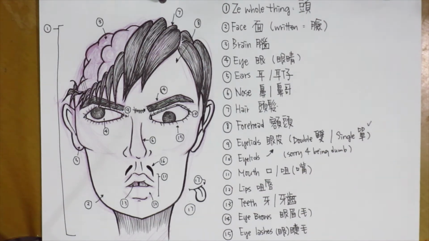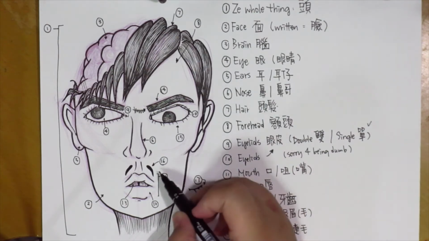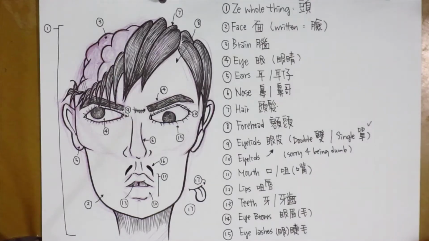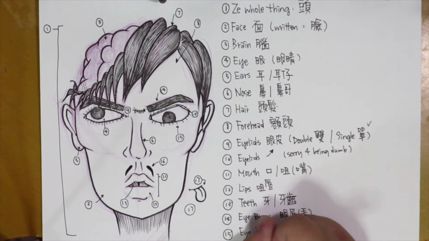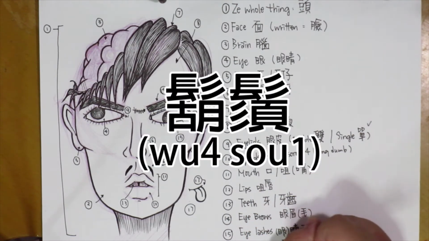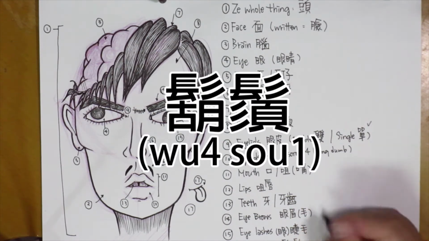If you are a boy, then you have some extra hair on your facial area. So facial hair in Cantonese is wu shou. And again, the character here is a bit more complicated.